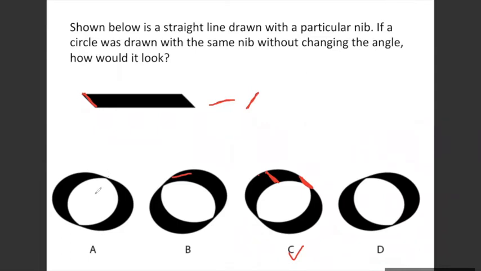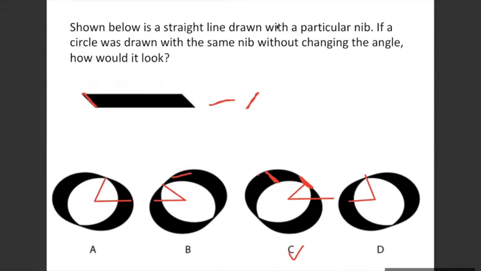Generally, this is also one logic through which you can see it. Here, this flat line is almost coming at 45 degrees with reference to the horizontal. Here, this is coming at an angle of about 60 degrees. This is coming at 45 degrees in the other quadrant, and here it is at 60 degrees in the other quadrant.